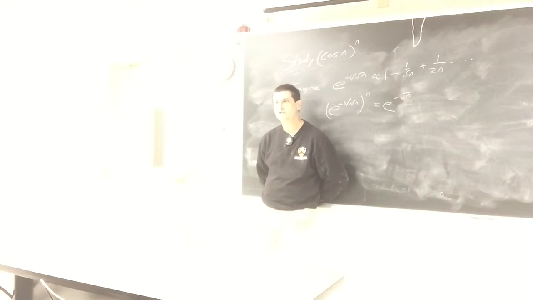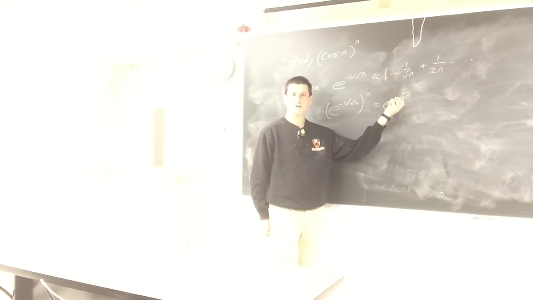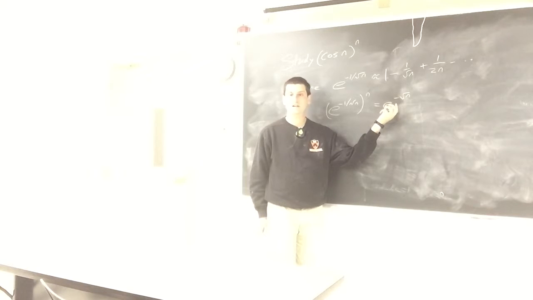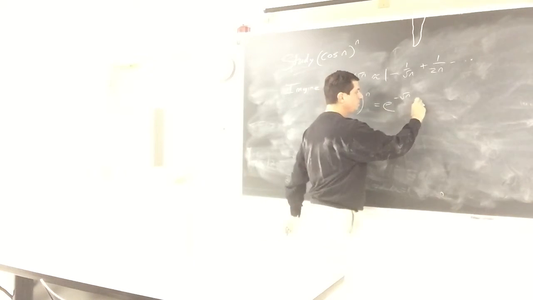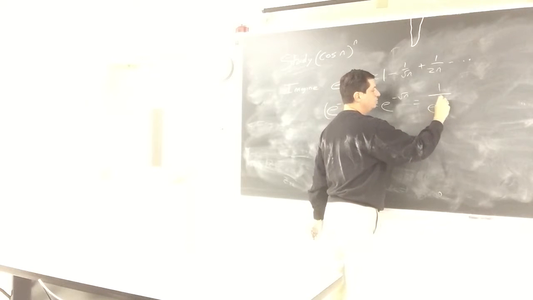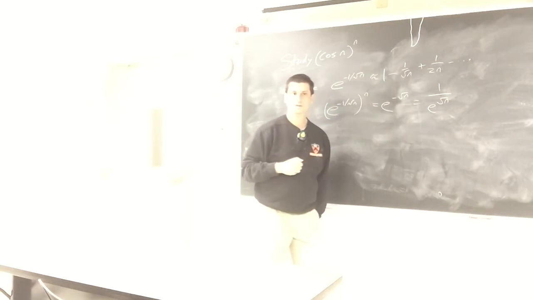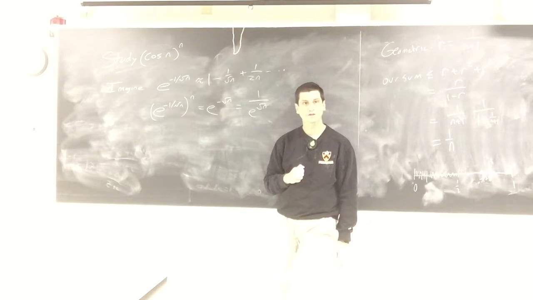So we have e to the negative square root of a googol. If I put in a very large value of n, what should e to the minus square root of n be approximately? This is the same as 1 over e to the square root of n. This should be very close to 0, right?